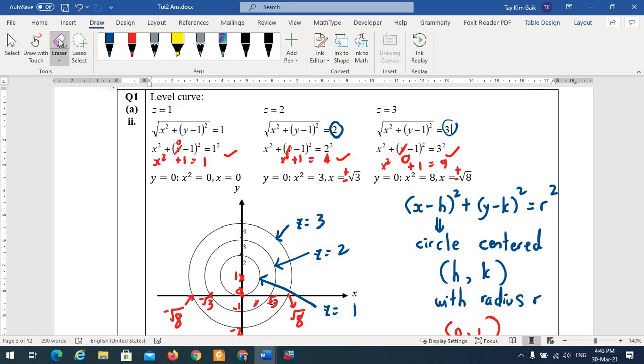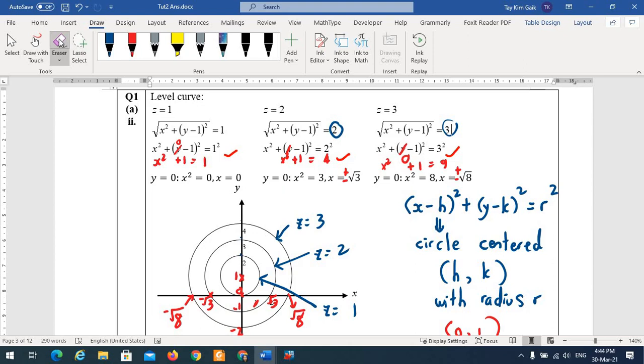Then what if you want to ask is what? Is it finding the x-intercept or y-intercept? The x-intercept. The x-intercept, let y be 0. Only plug in y equal to 0. So x squared, 0 minus 1, so minus 1 squared, so it's positive 1.